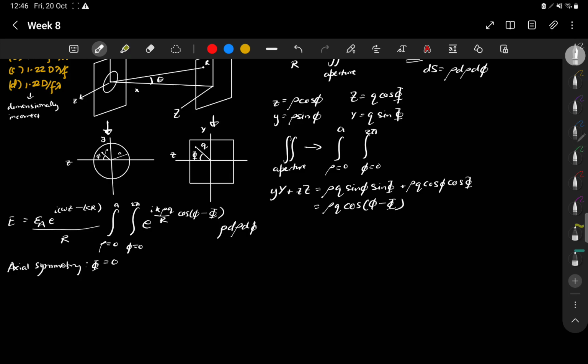So I could be taking a 1D cut along any phi direction and the pattern would look the same because of the symmetry of this problem.